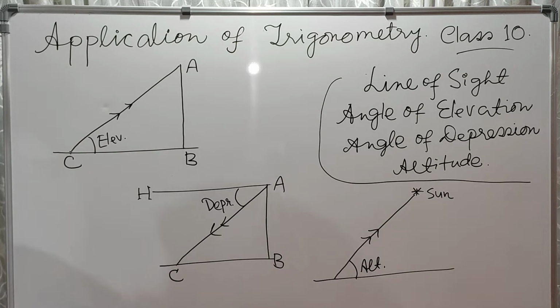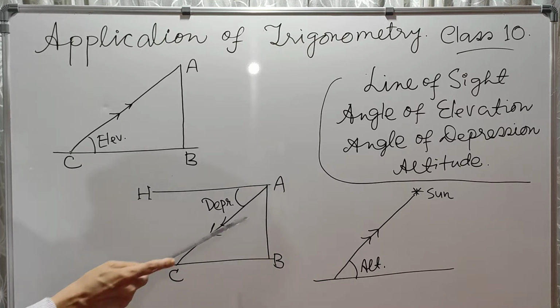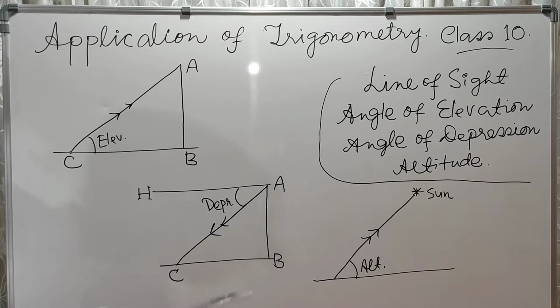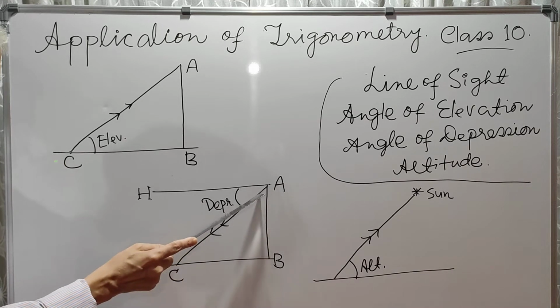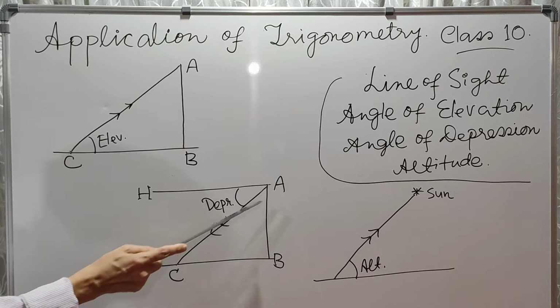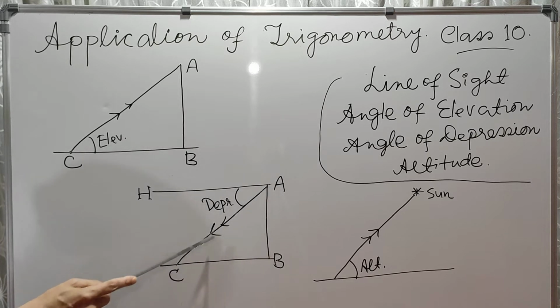Similarly, in this diagram, you see, this is a building or a tower. This is the top of the tower. Then the observer is positioned here. Suppose you are here at the top of the building or tower. Now you are looking down at some object which is placed here. So the object is at C. From this point, the observer is looking down at this object which is on the ground.